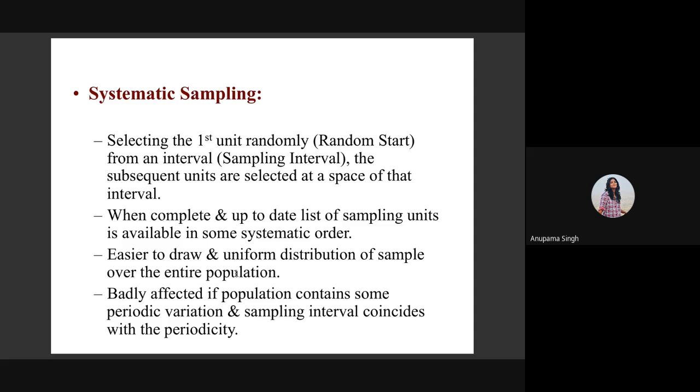It is not very effective when the population contains some kind of periodic variation, right? Periodic variation means, when we are talking about periodic fluctuation, so in that way, if you are taking information on some kind of time interval, we are taking an example because it will be easier.